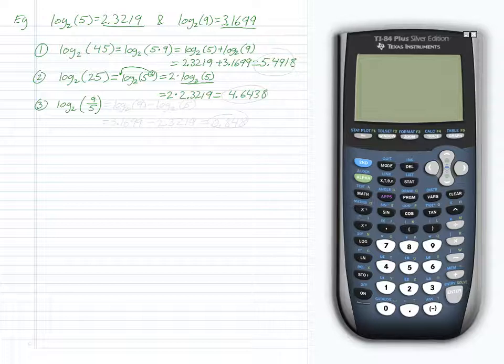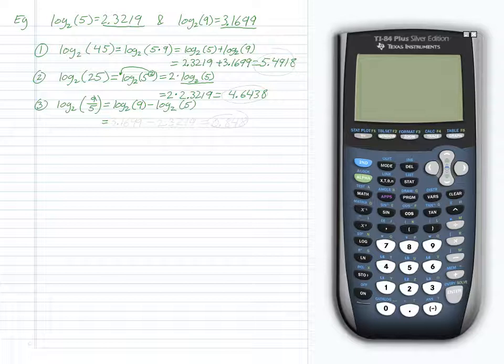Finally, for our third example, I see that I'm asked about the ratio of 9/5 inside the logarithm. I remember that our second fundamental property of logarithms says that I can break this up as log base 2 of the numerator, 9, minus log base 2 of the denominator, 5.